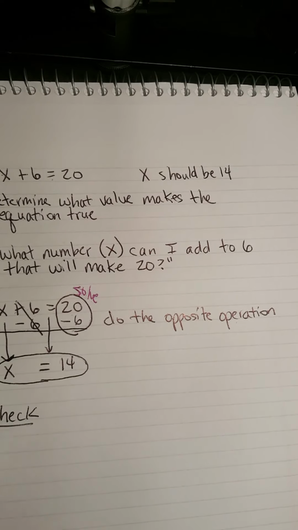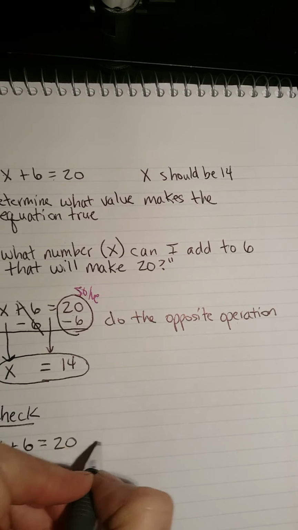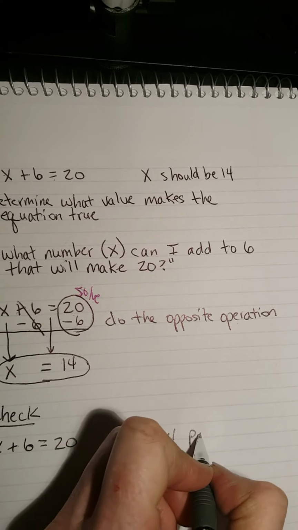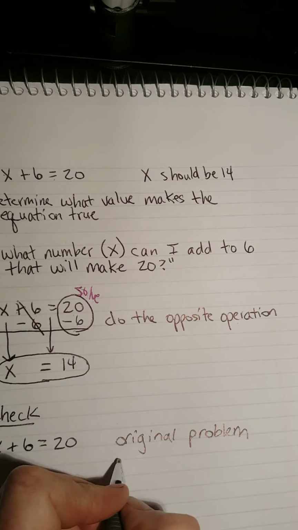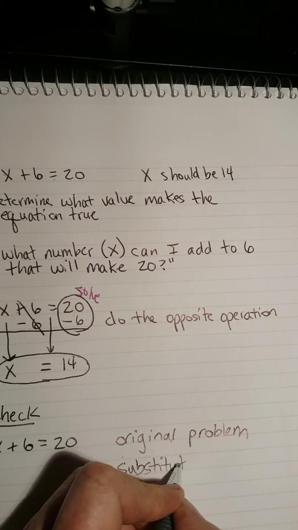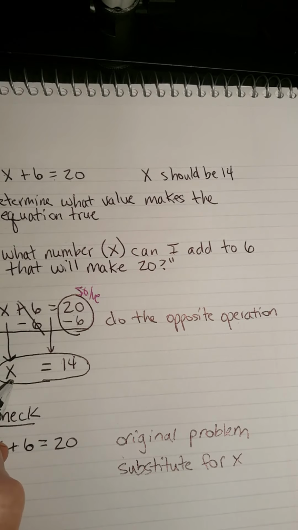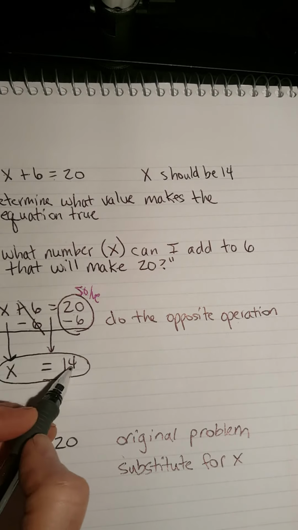To check your work, you write the original problem. And then we're going to substitute for your variable. And for this variable, it should be x. So in place of x, we're going to put 14 because up here we said x is equal to 14.